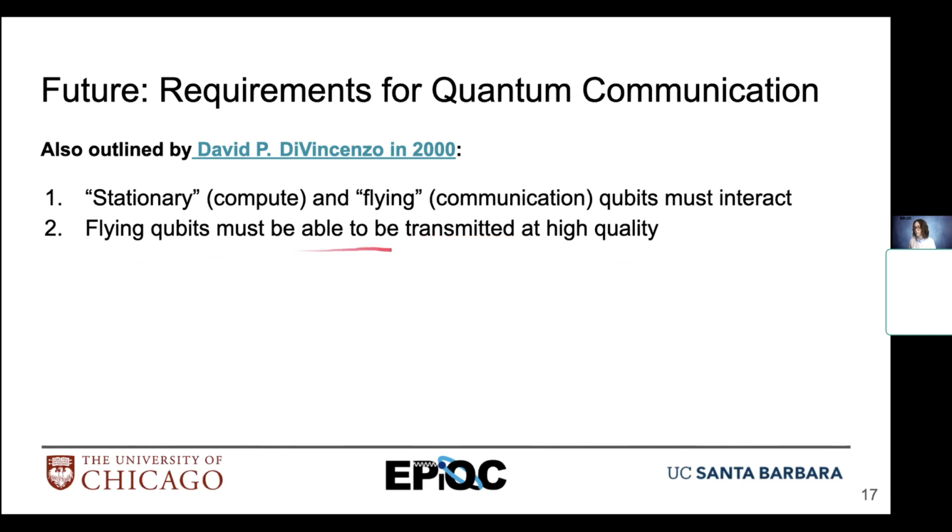If we have any of these properties with the qubits, we want to make sure that superposition, that entanglement, all of that phase information, is preserved when we're going from compute to communication qubits, and while those communication qubits are being transmitted from point A to point B. So very, very important. As we build up our quantum systems, we'll eventually move into the space where we'll have networks of nodes. So we need to make sure that we keep these requirements in mind as we move to those networks of nodes.